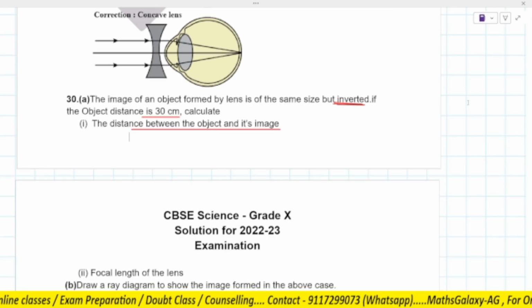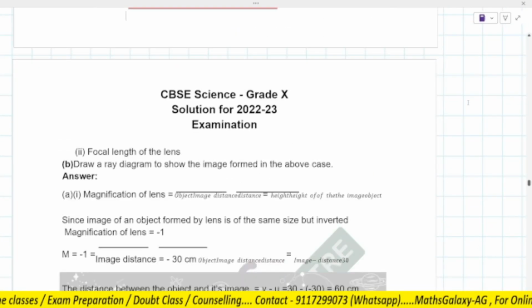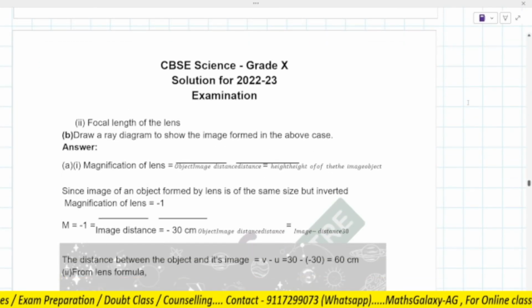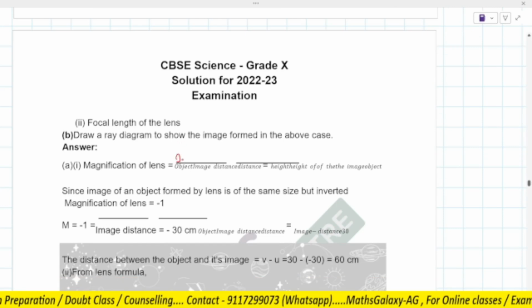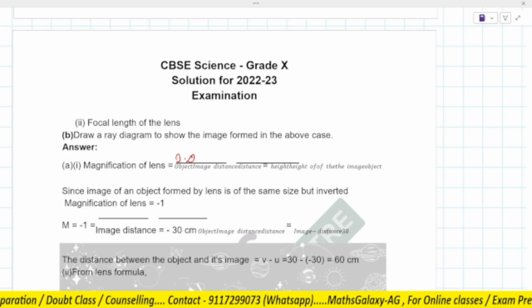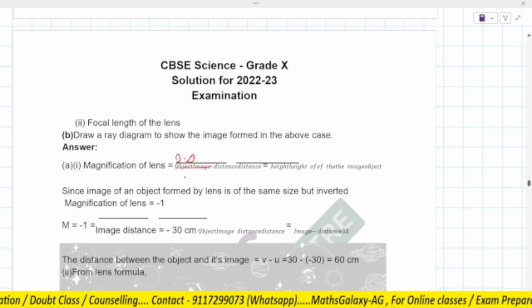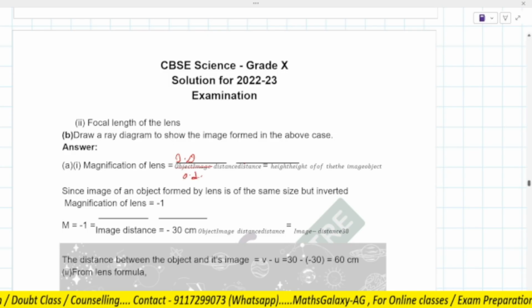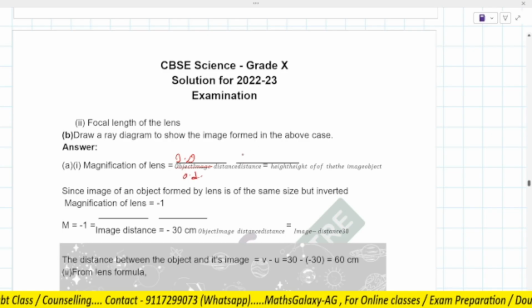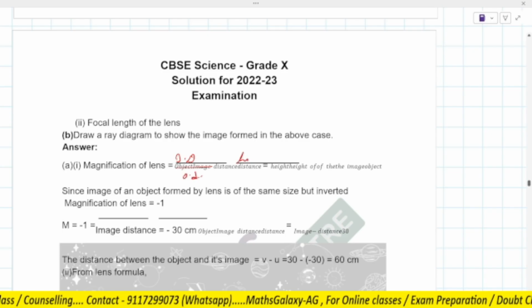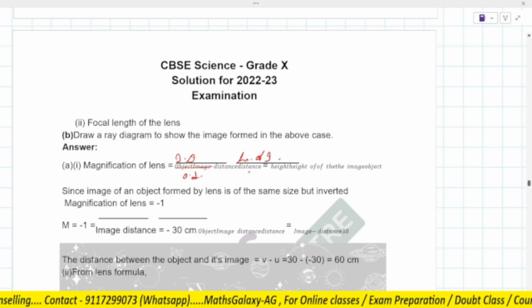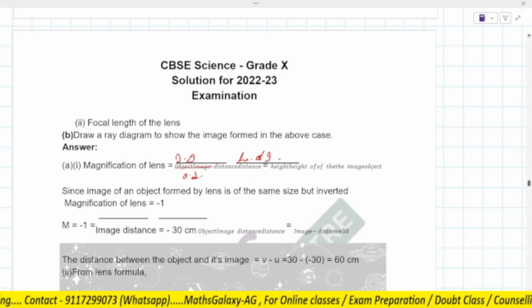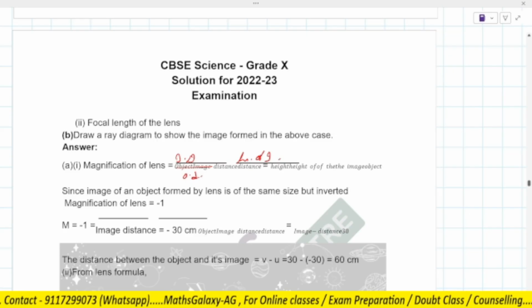Let's see here, magnification of lens. The formula is image distance divided by object distance, which is the height of the image divided by the height of the object.